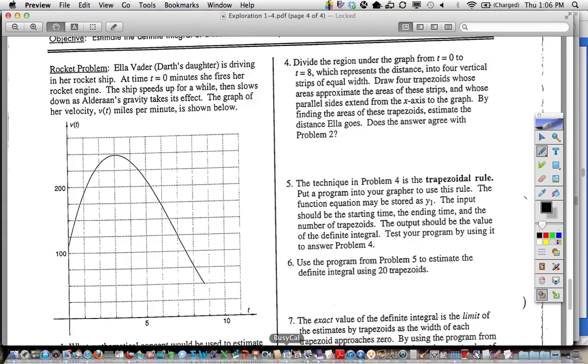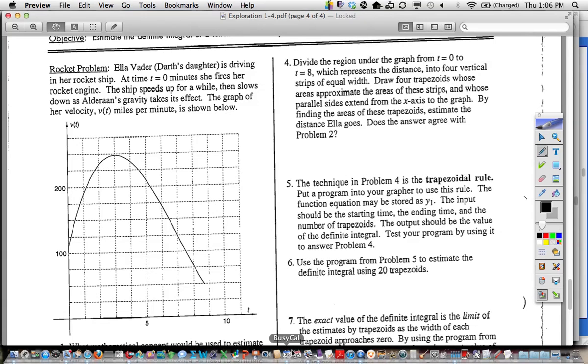All right, now, so you're going to go through exploration 4, and it's going to talk to you about find the area geometrically. That just means count squares, do the area. When you get to number 5, I'll probably start talking to you and helping you as you get into number 4. I'm going to draw something up there on the board that'll help you. I'll draw it on my picture there.